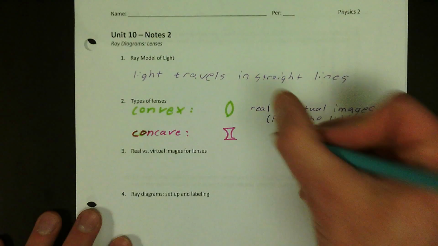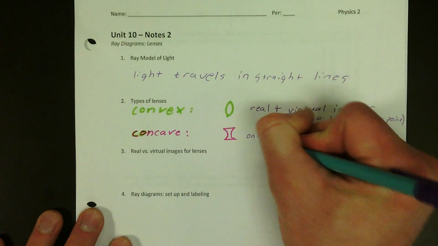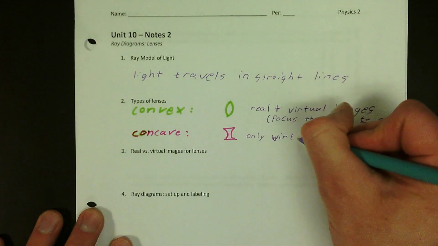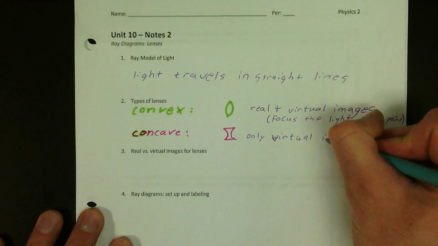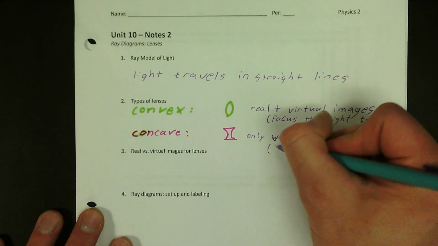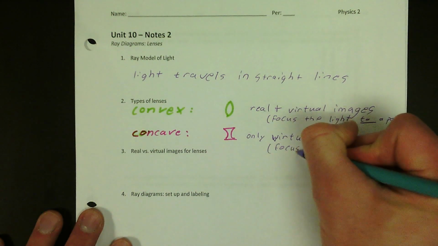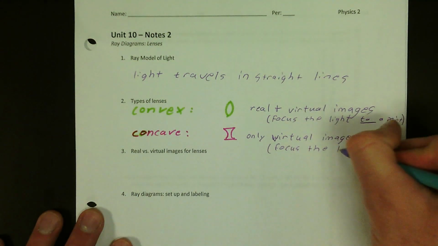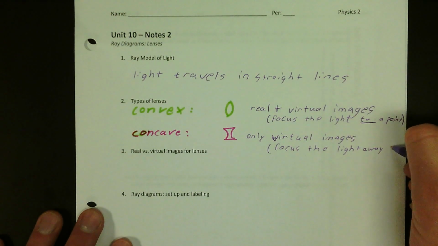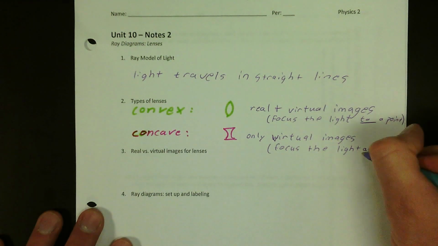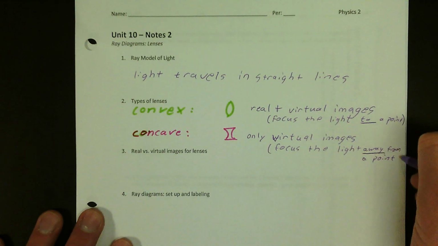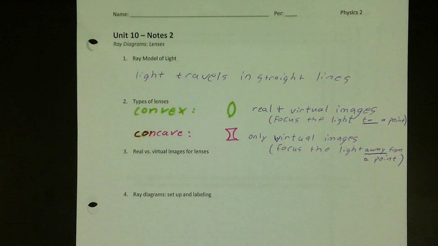Concave lenses make only virtual images. That's a V, not a W. And again, the reason for this is they focus the light away from a point. So, convex lenses focus light to a point.